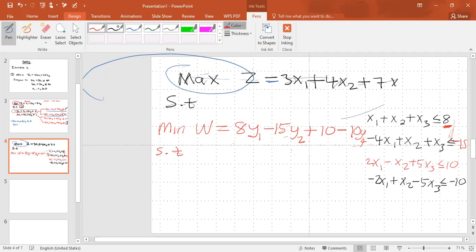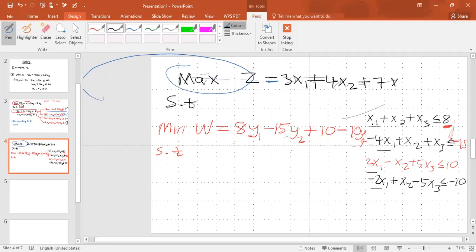Subject to the constraints. So what will be the first constraint? The coefficients of x1 form inequality number 1.